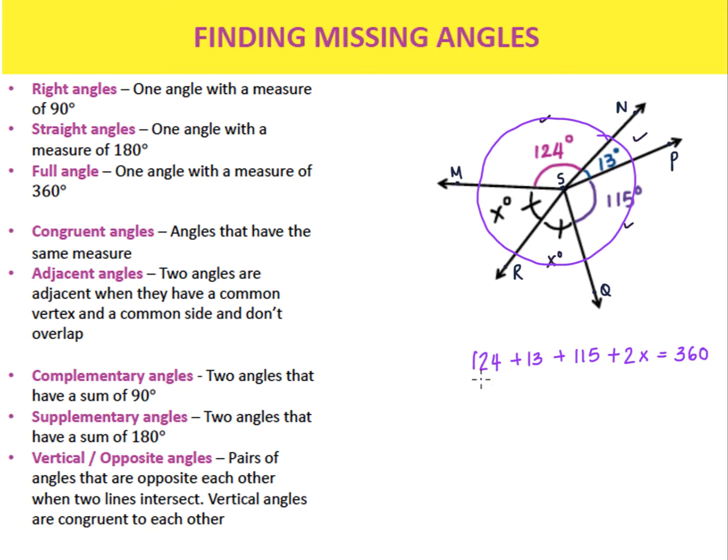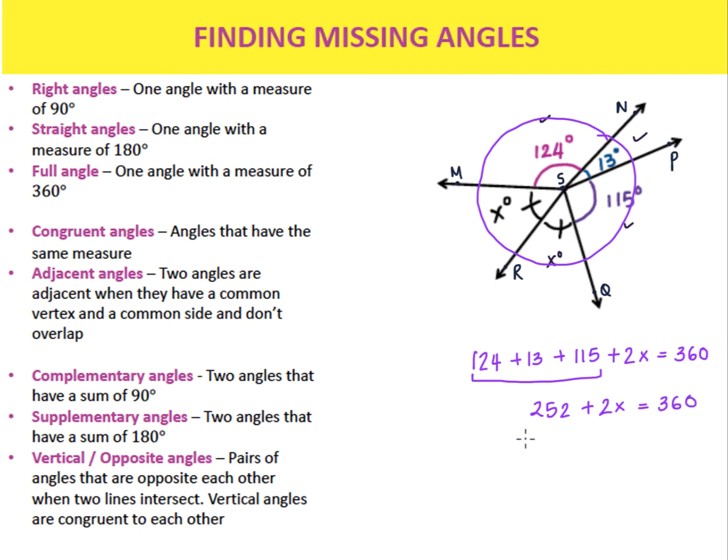Now let's add these together and we have 124 plus 13 is 137. 137 plus 115 is 252. So we have 252 plus 2x equals 360.